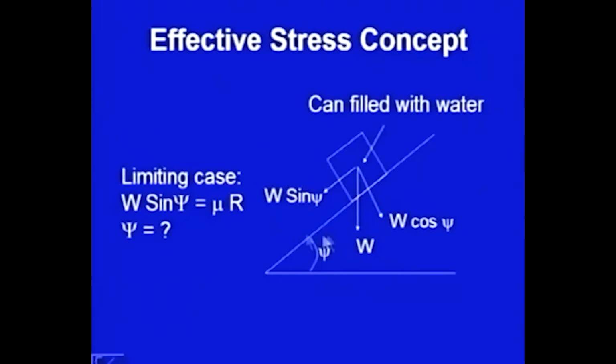So, mu into R is the frictional force, and W sin psi is the sliding force. You can equate these two values, and from there you can find the limiting value of psi.